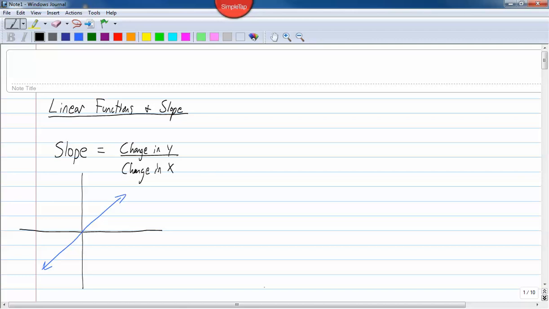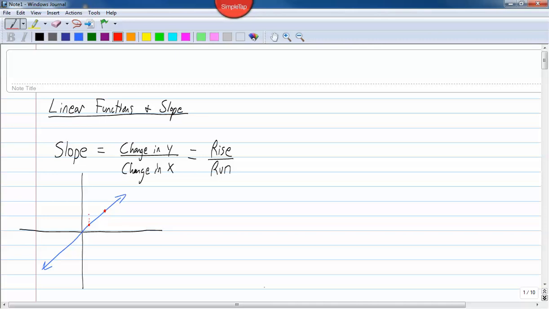So another way that you may have heard that presented is you can consider that the rise over the what? Run. So if you ever heard rise over run, that means between any 2 points, it doesn't matter which two you pick, if you calculate the slope between any 2 points, you're going to get the same slope every time because it's a straight line.